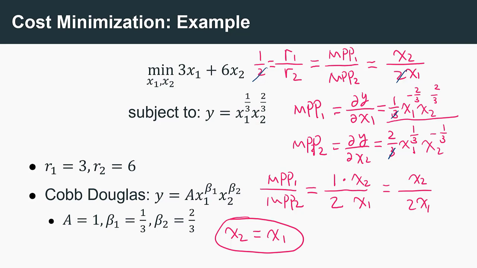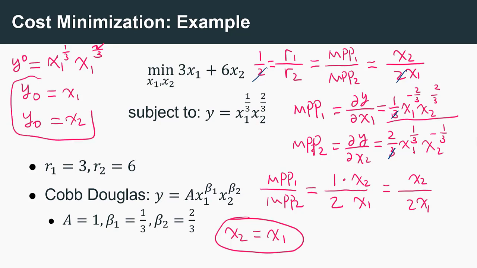Assume that y0 is the output level that is given to us. Then we will have y0 equals x1 to the 1/3, and then x2, because it's equal to x1, we also have it here, to the 2/3. So y0 is equal to x1, and x2, because it's equal to x1, is also equal to y0.